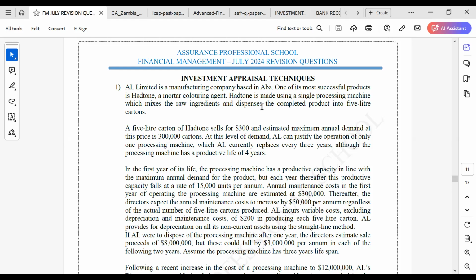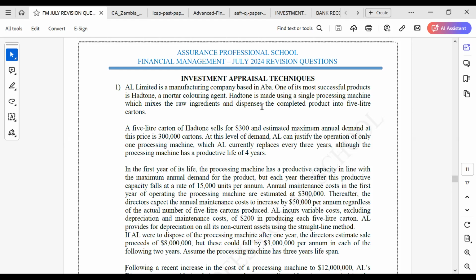In the first year of its life, a processing machine has a productive capacity in line with the maximum annual demand for the product. But each year thereafter, this capacity falls at a rate of 15,000 units per annum.